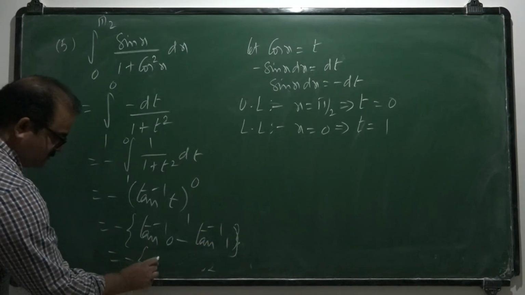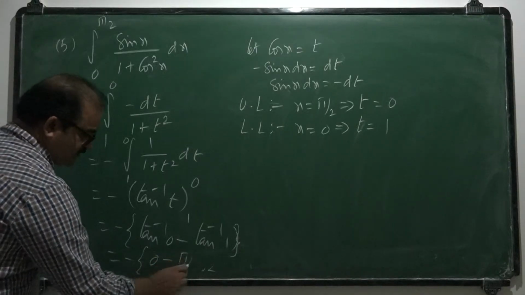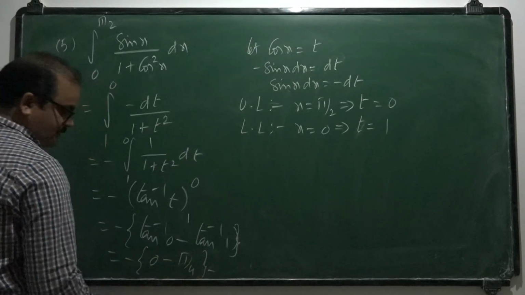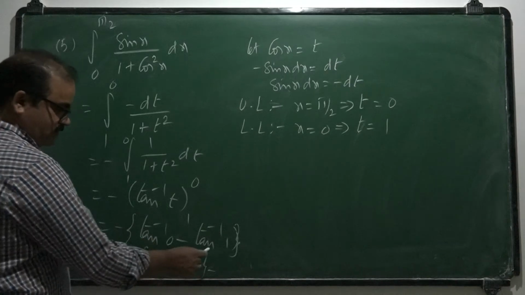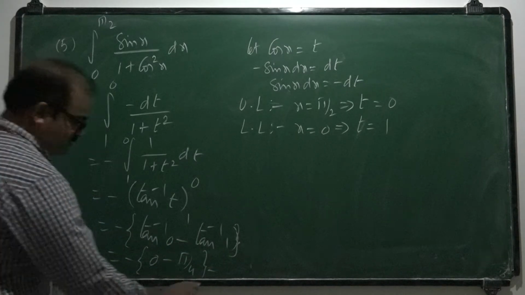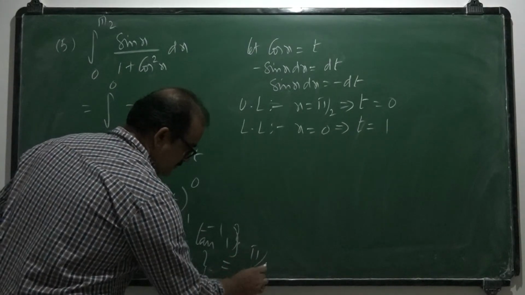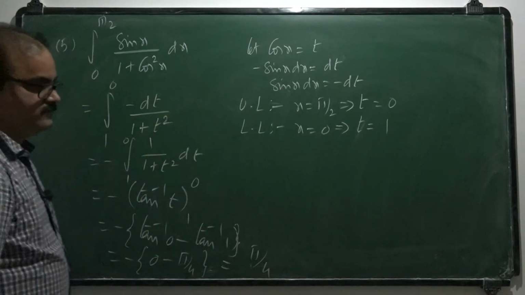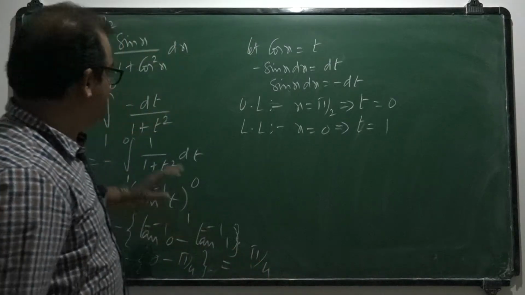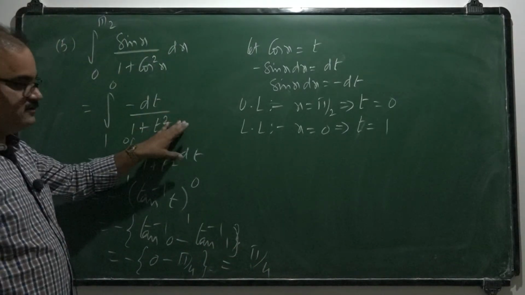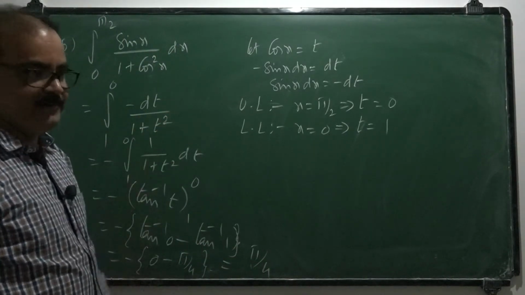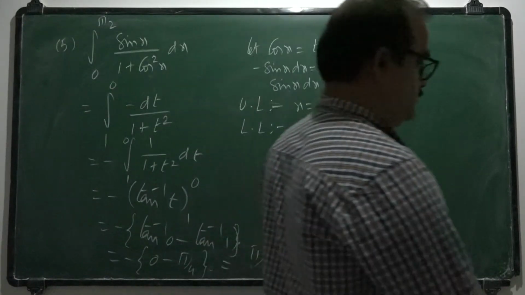Tan inverse 0 is 0, tan inverse 1 is pi by 4, because tan 0 is 0 and tan pi by 4 is 1. Minus into minus is plus, so we get pi by 4. In this way, if you change the variable, then you must change the limits of integration also.